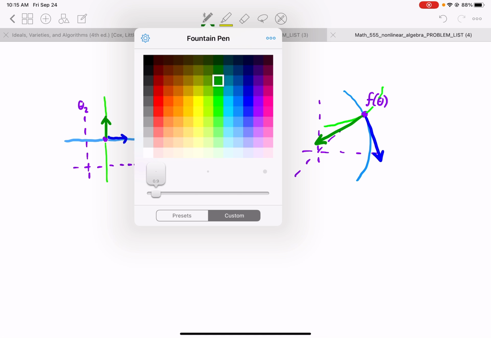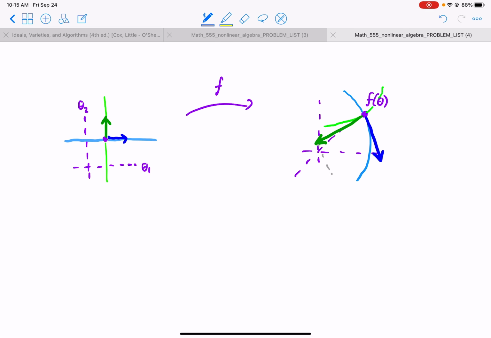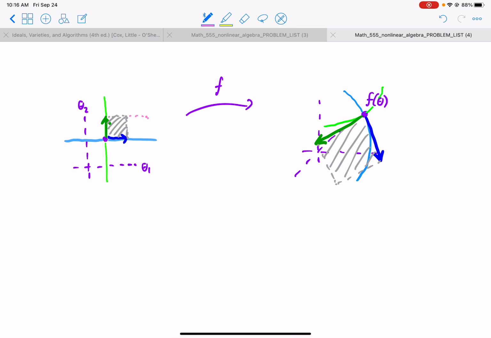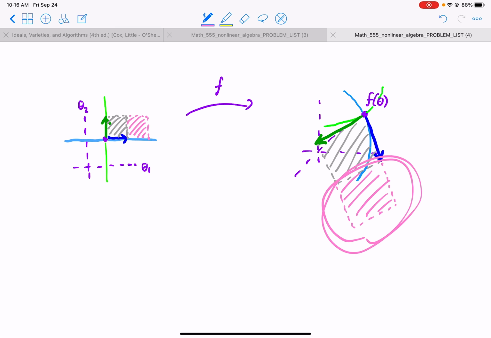Together we start to get a plane when we start sending all the points by the derivative. That goes where? I guess here. And over here, these are not squares anymore.